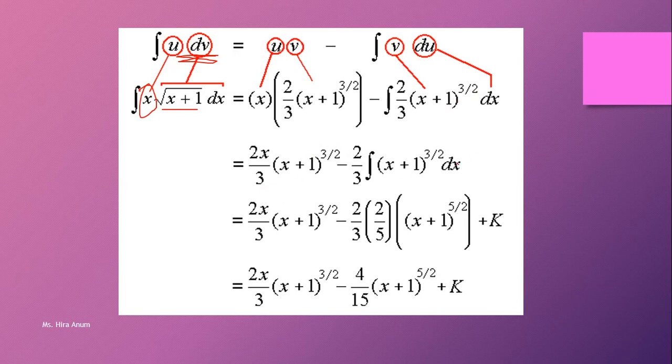Then taking integration of this, it becomes 2 over 5 (x plus 1) whole power 5 over 2 plus c. So our answer is this.